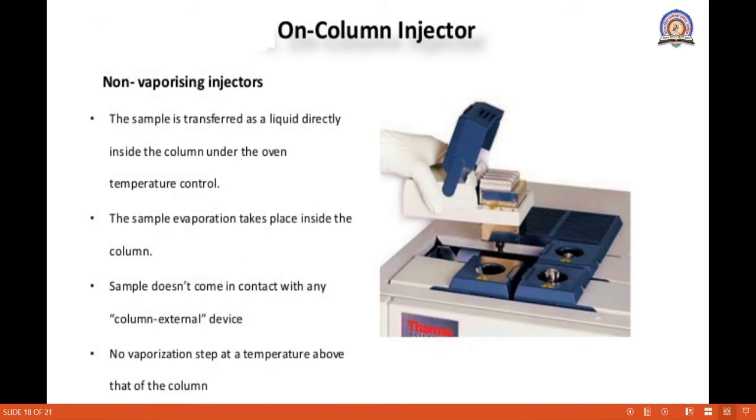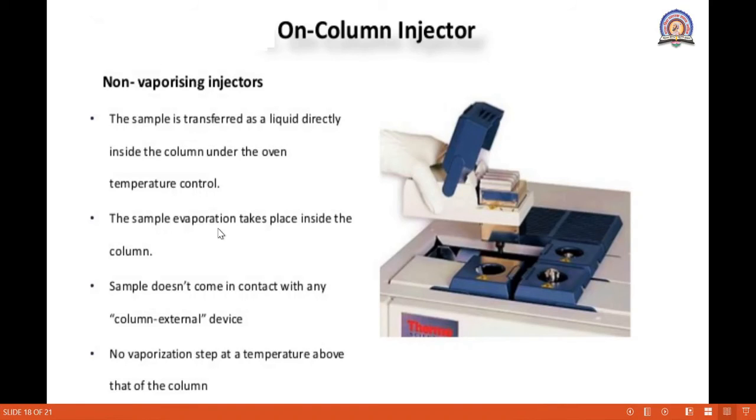Then the next injector is the on column injector. Here the sample is transferred as a liquid directly inside the column under the oven temperature control. Means in the instrumentation part we saw that the sample, whether solid or liquid, gets heated in the oven and then is converted into gas. So here the sample is directly transferred as a liquid inside the column, under the oven temperature control.